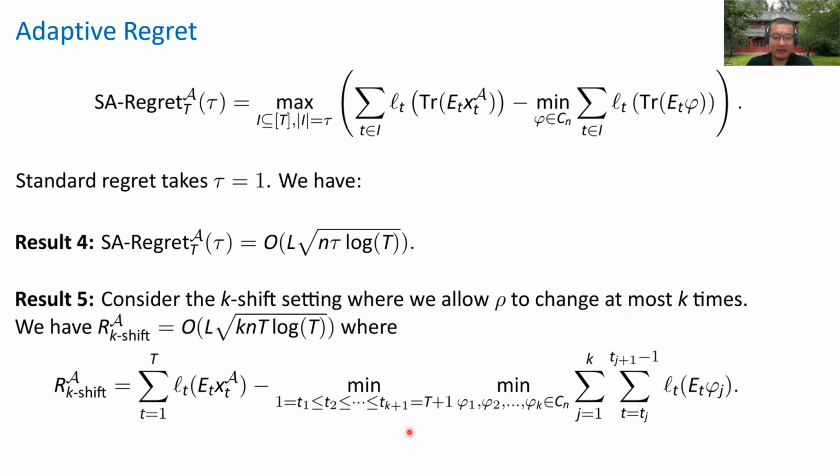So you can see this regret is something natural that we want to consider: minimization along all the intervals, such that some state is arbitrary, but it changes at most K times, and we want to make comparison to such regret. And we can give a good regret bound for this.